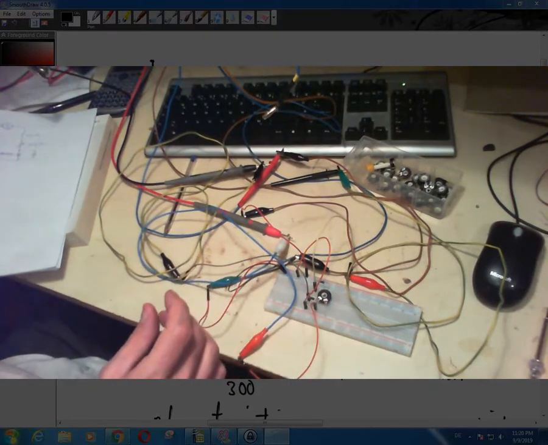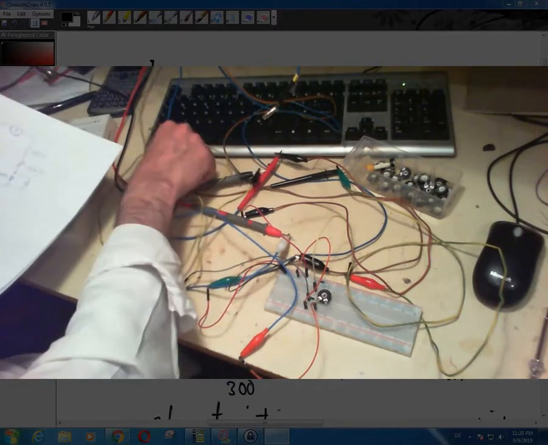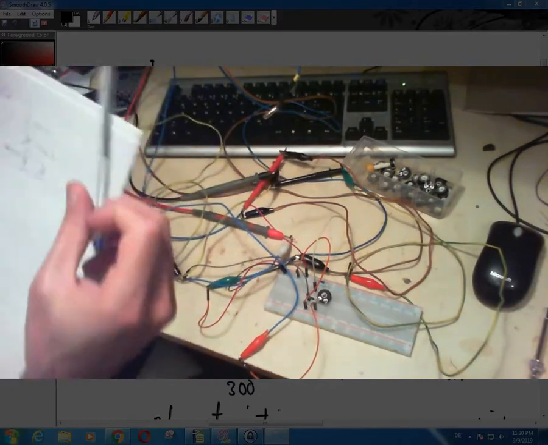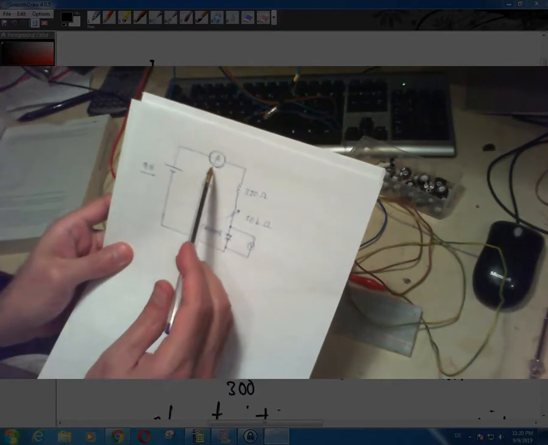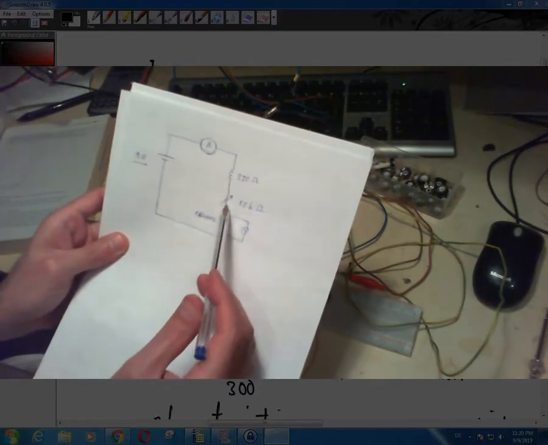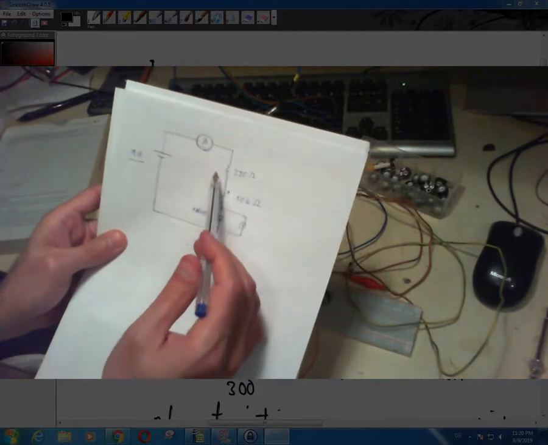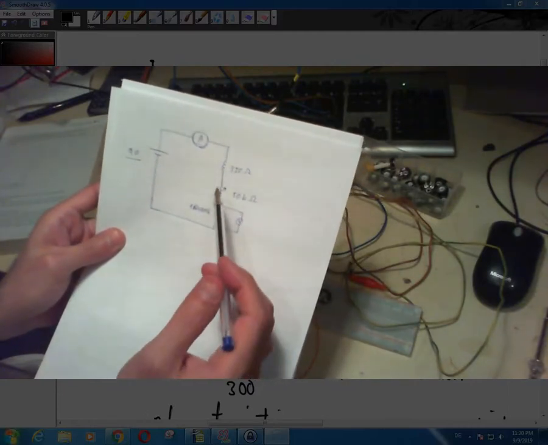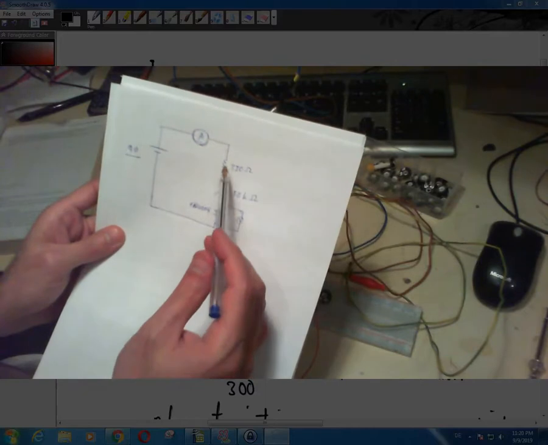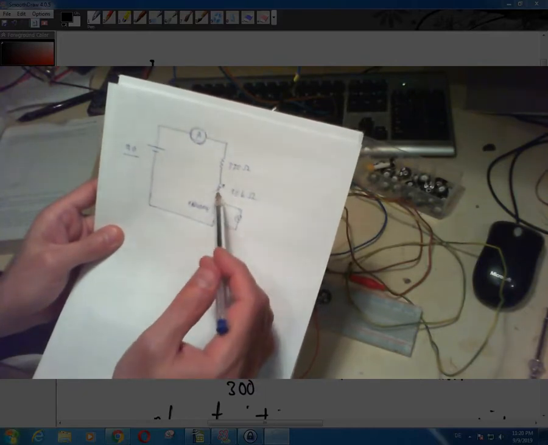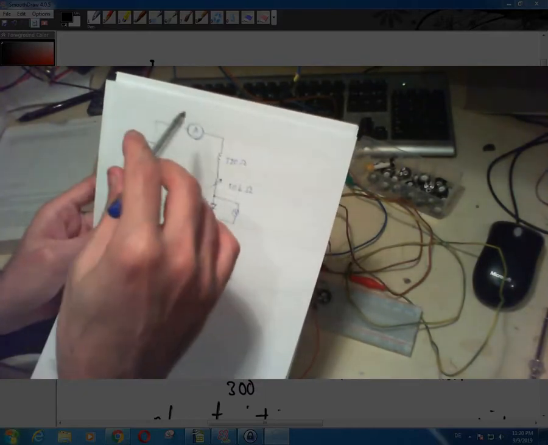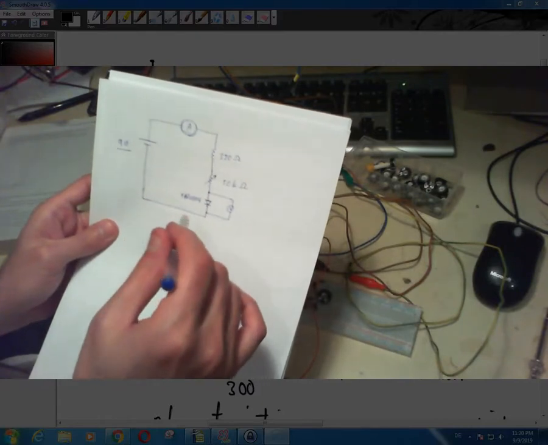Meaning that basically what happens in this circuit is that as you change the resistance here on this potentiometer, the total resistance of this circuit is going to change. And with the total resistance changing, the current going through the circuit is going to change.